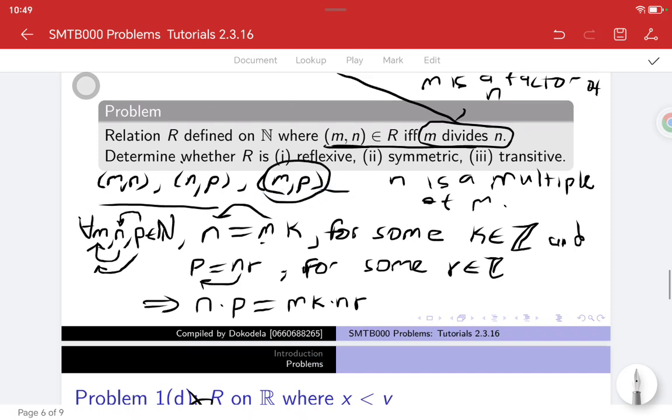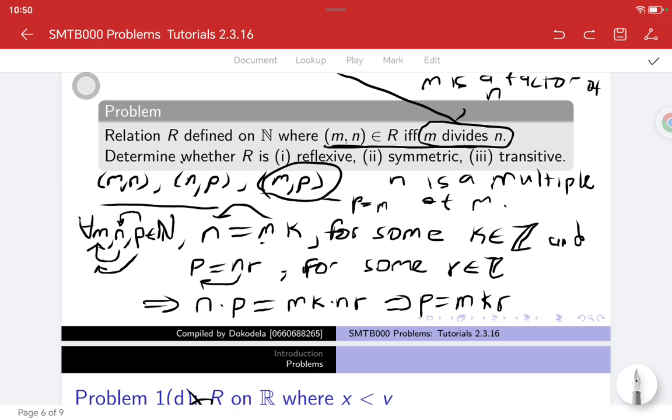Remember this says that m divides p. So you must check, how am I going to arrive here? Should I multiply or divide? So you check which one is best. I realized that for me to arrive there, I multiply. So in this case, when I divide both sides by n, I'll get that p is equal to mkr. So this will be p is equal to mkr.